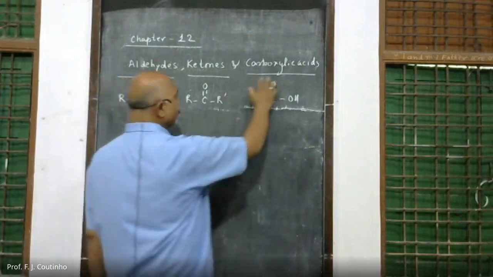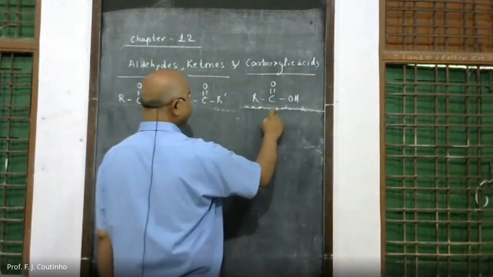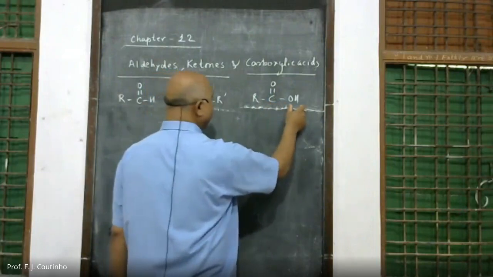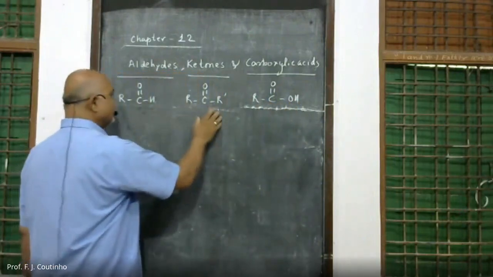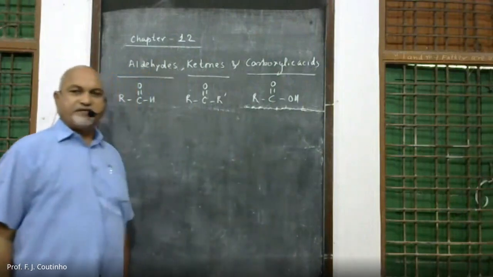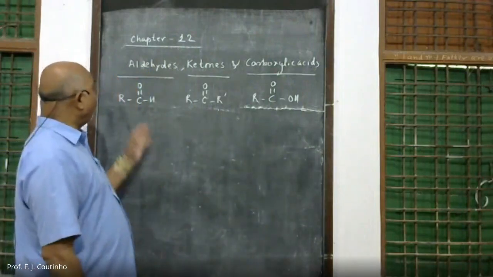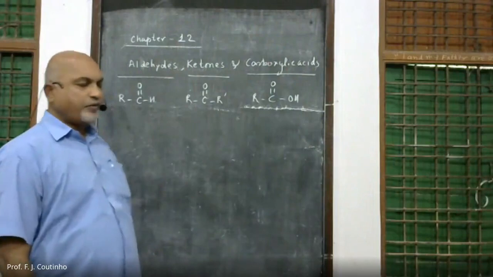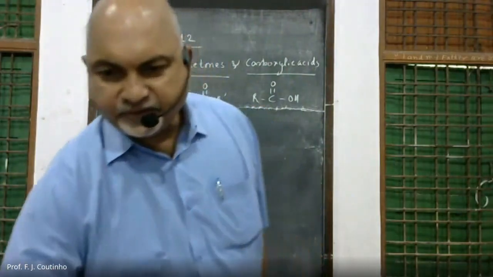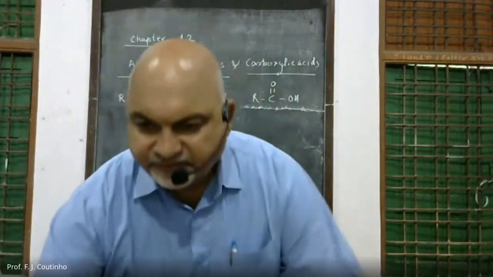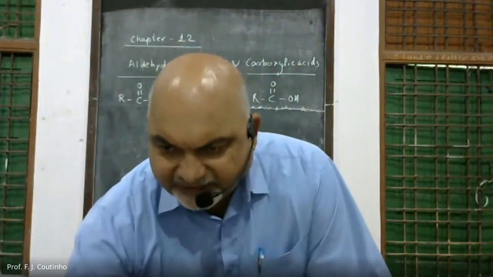And in case of carboxylic acid, it is RC double bond OH, a hydroxyl group. So on the right hand side, the substituents or attachments are different. Now we will study all these in this chapter by referring to the slides as follows.